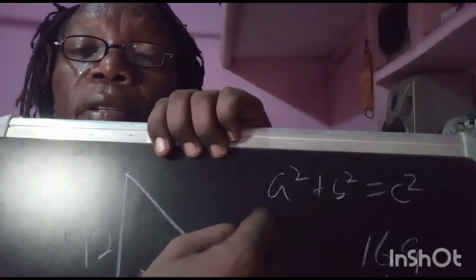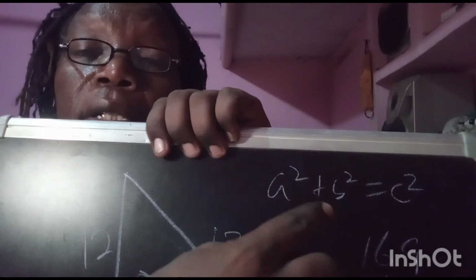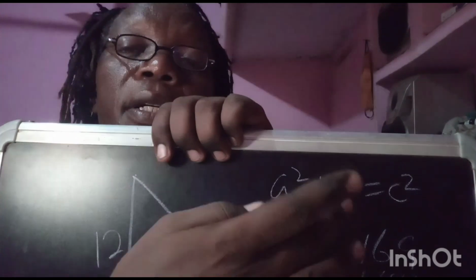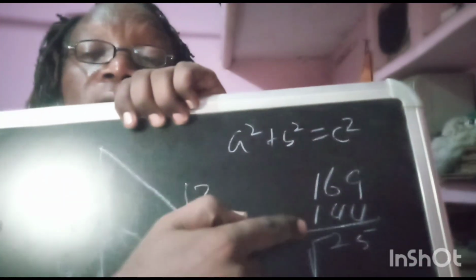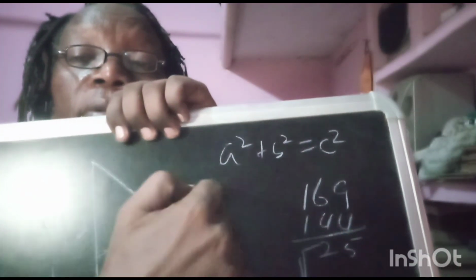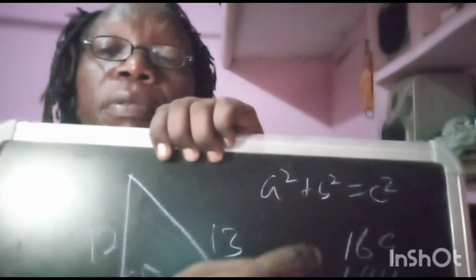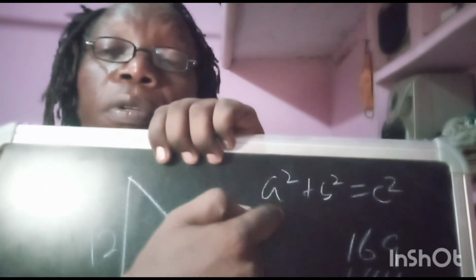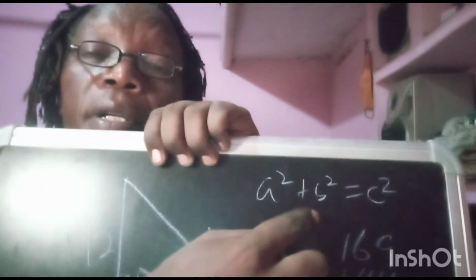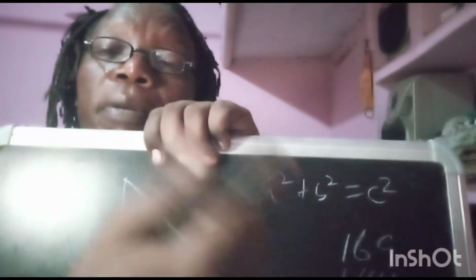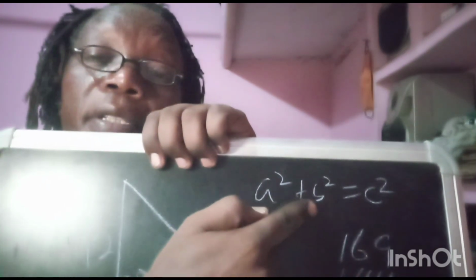So 144 plus x squared is equal to c squared, which means when you square 13 you get 169, and when you square 12 you get 144. So what are we going to do to find this value? We don't have this value, but we have that one and this one. It means we have to subtract to know which value this stands for.